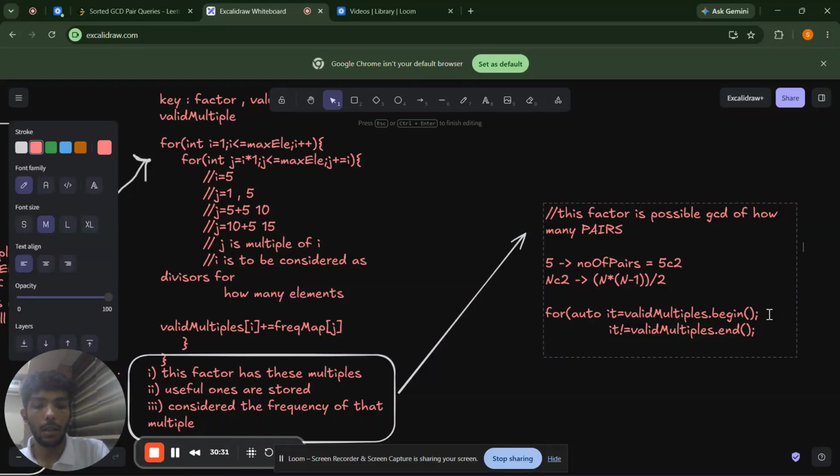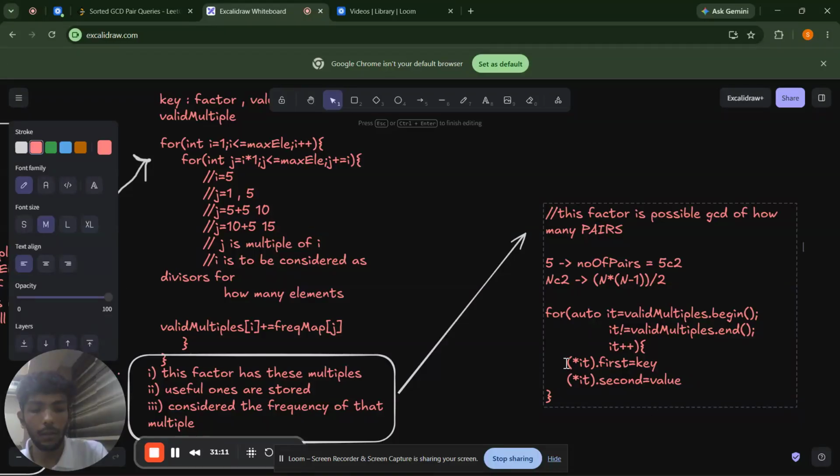I'll make a video in which I'll cover the STL part: how we should create a map, how to iterate a map, how to access the map iterator's value and key. For now, just understand that it.first is the key and star it dot second is the value.